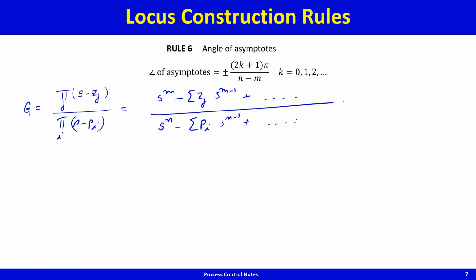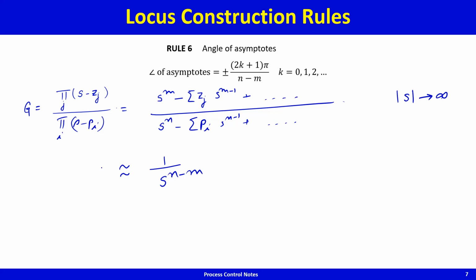Now for asymptotes, the magnitude of s is large. If the magnitude of s is large, I can approximate G by ignoring all smaller order terms, only retaining the highest order terms in the numerator and the denominator respectively. So what I will get is approximately 1 over s to the power n minus m.